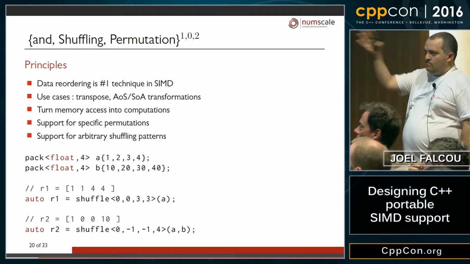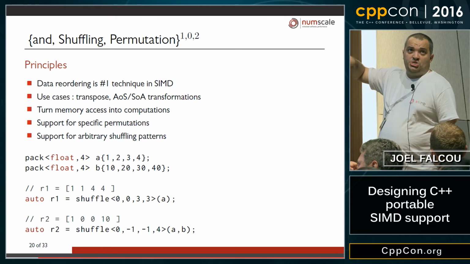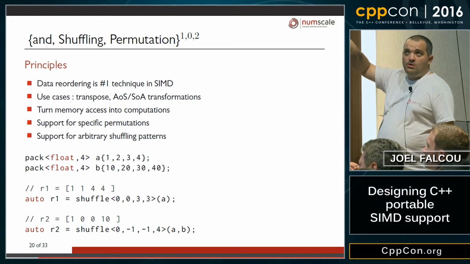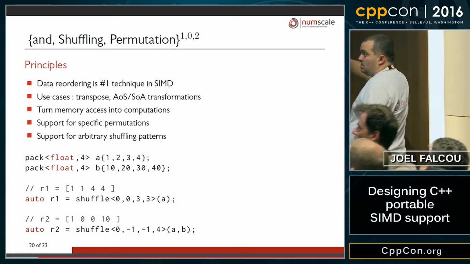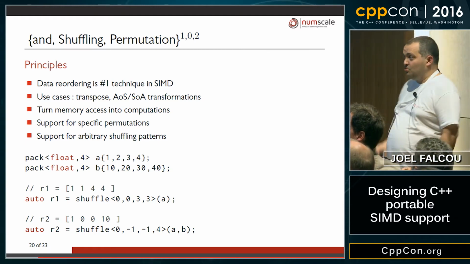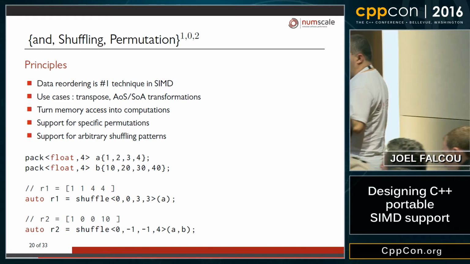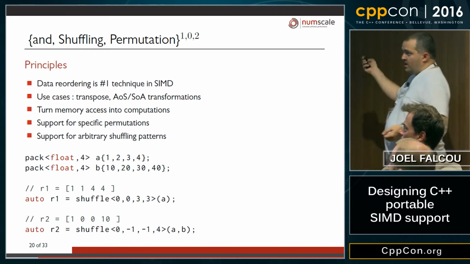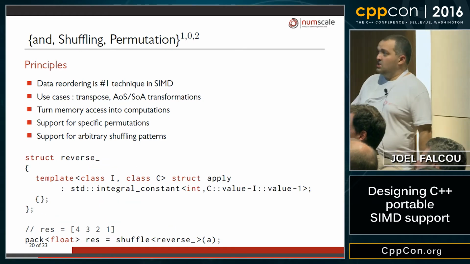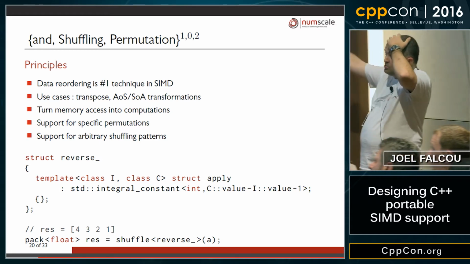There is one limitation of this syntax, which is that the permutation is a variadic list of integers, so you have to know how many elements your pack contains. That is good for small toy examples, but probably not good enough for actual code where you want to write code which is independent of your pack width. So we provide 2 other ways to do this. The first one is to write a meta function that takes integral constants and returns a computation on these integral constants.